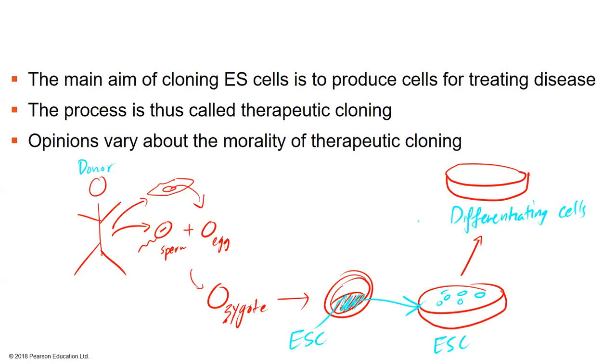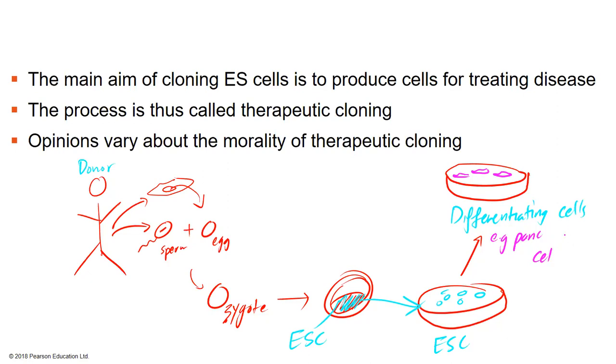Okay. Maybe if this individual has diabetes, okay, سكري, so he or she might need pancreatic cells, خلايا pancreas. The isolated embryonic stem cells could be allowed to differentiate into maybe pancreatic cells, or maybe liver cells, or maybe heart cells.